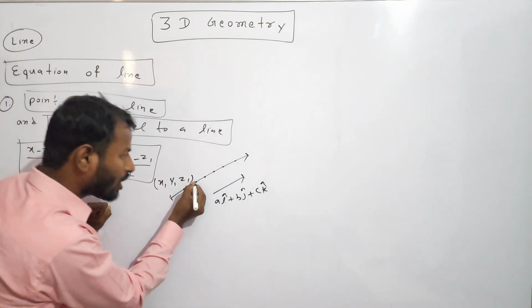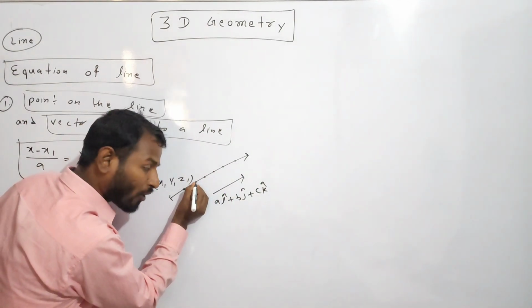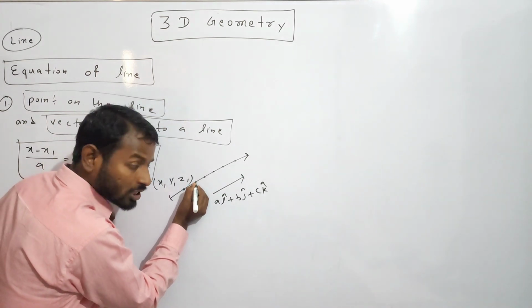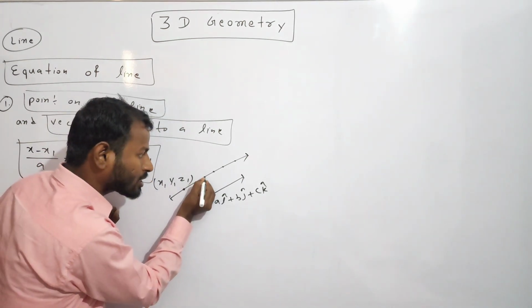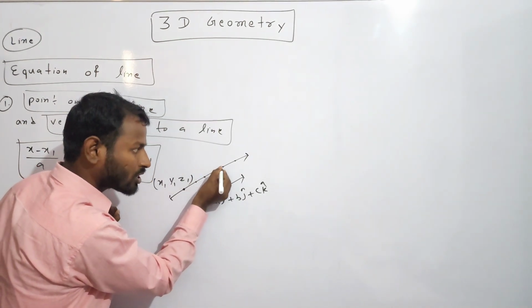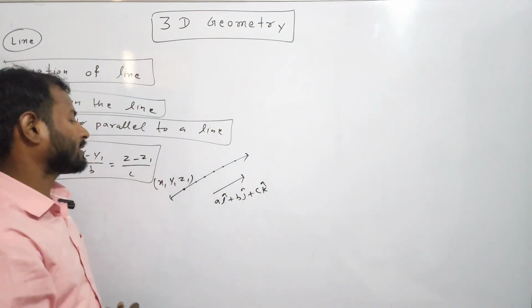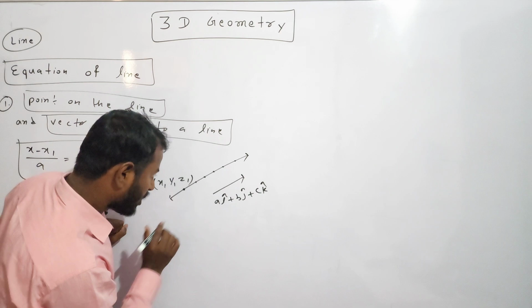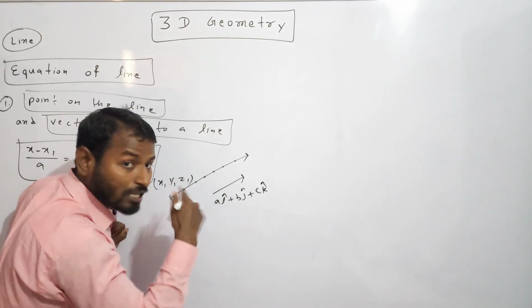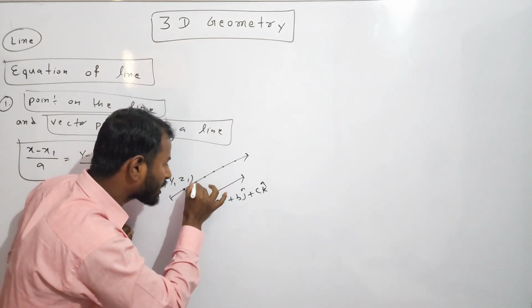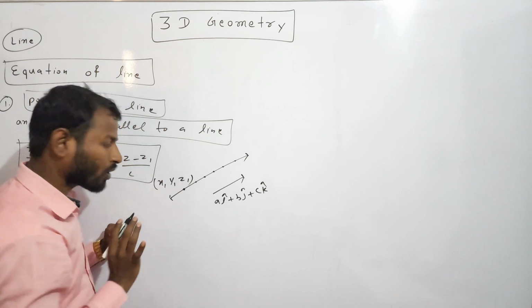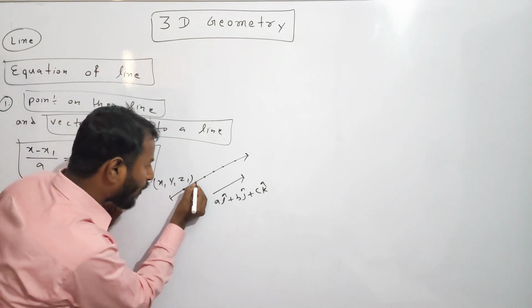You can take this point, this point, or this point also. So very carefully, if the point is variable, the point can move along this line.